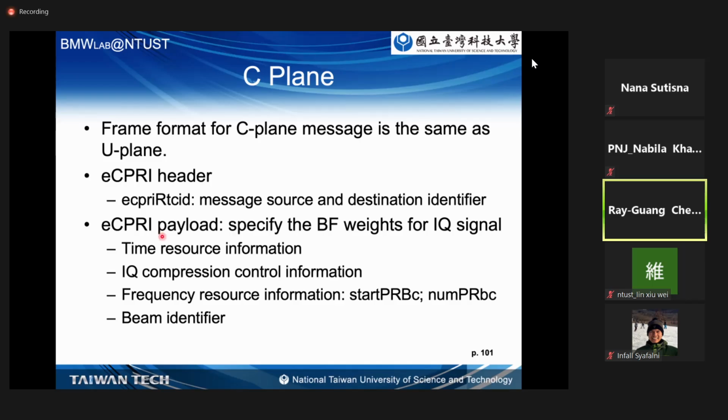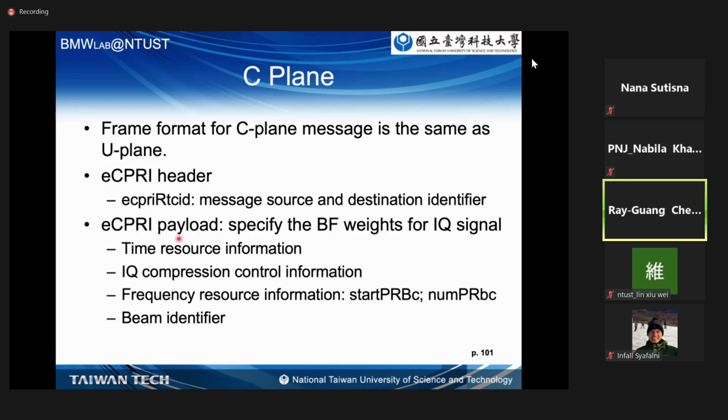So we just mentioned the IQ signal is transmitted in the U plane. So what is the purpose of the C plane? Because the time and frequency for the symbol of the IQ signal are already carried in the U plane, the C plane shows you when you want to transmit.